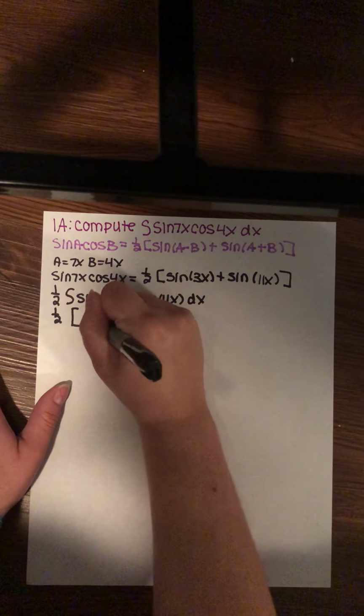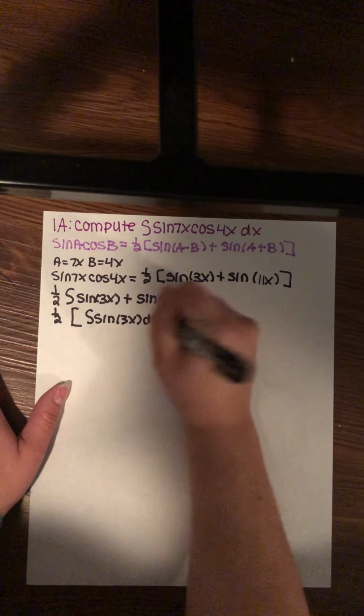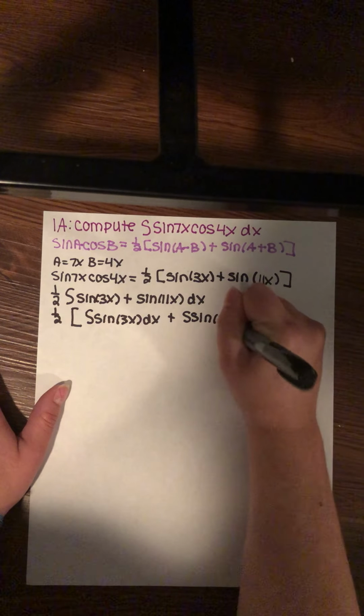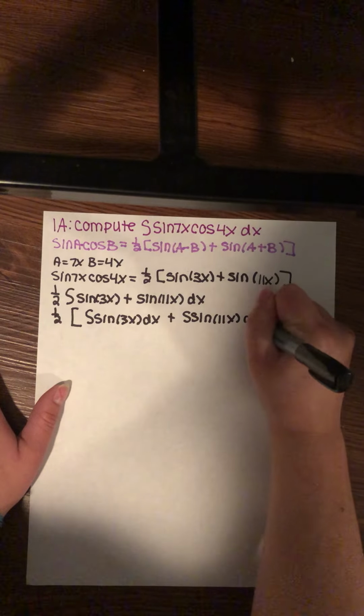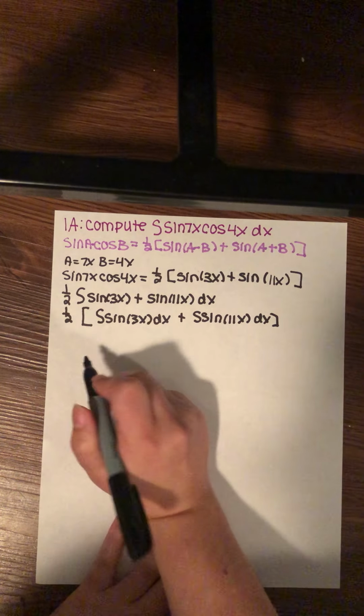So, the integral of sine 3x dx plus the integral of sine 11x dx. Now, it's best to just ignore the 1/2 for now, and we'll go back to it later.